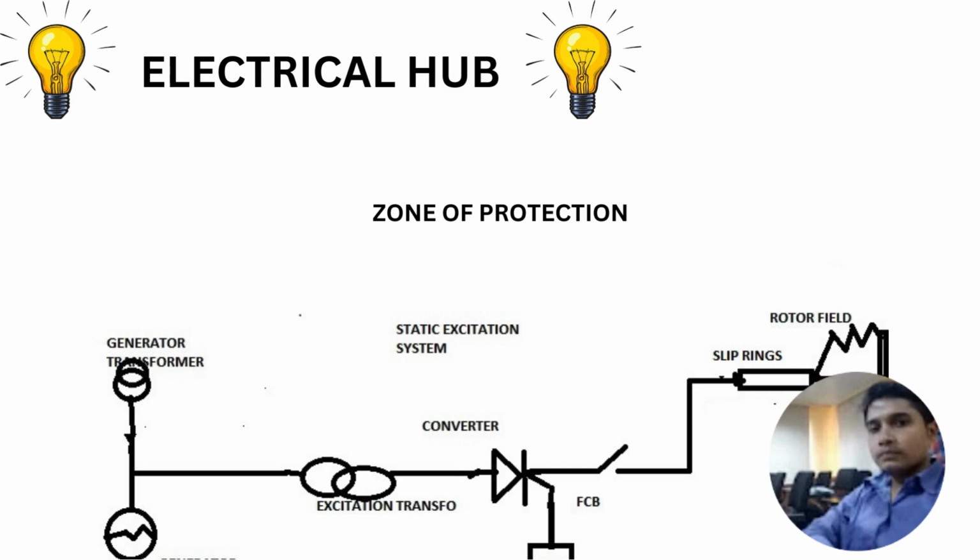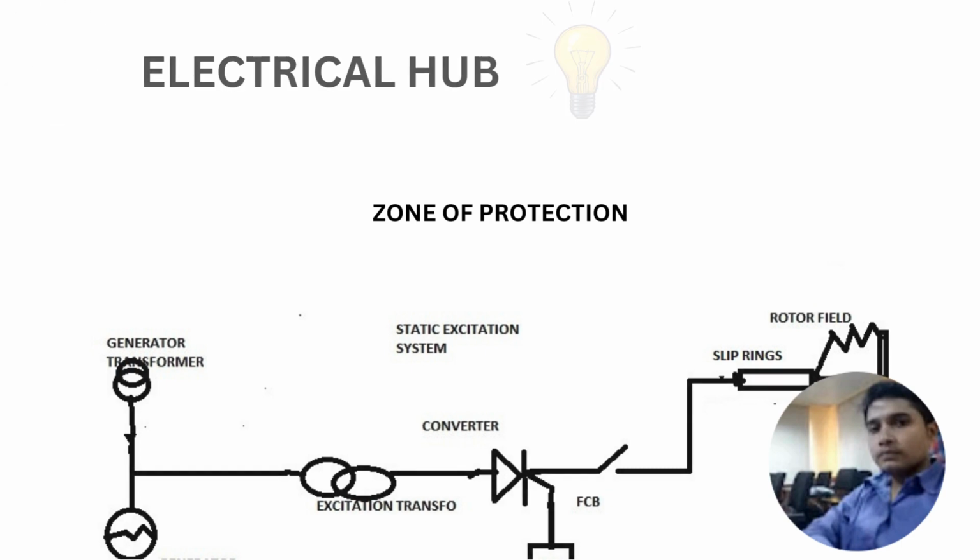Any fault occurring beyond this, such as before the FCB in the converter section or the excitation transformer section, will not trip the machine on rotor earth fault protection. It may trip on some other protection, but not on the rotor earth fault protection.